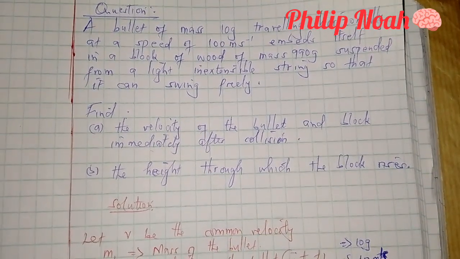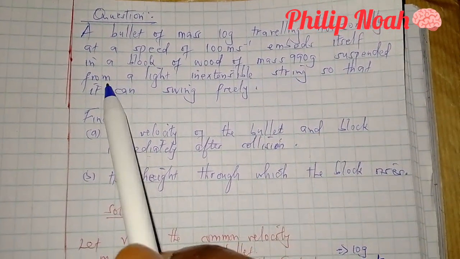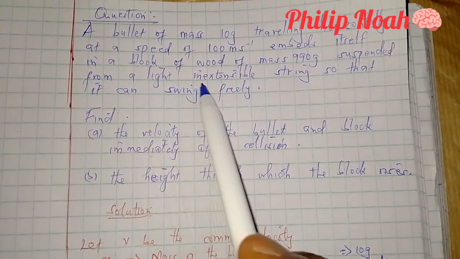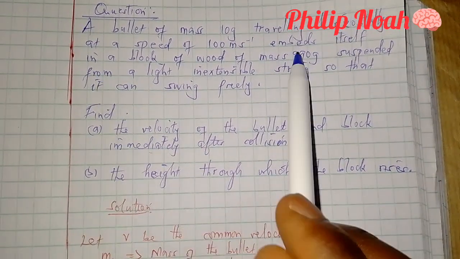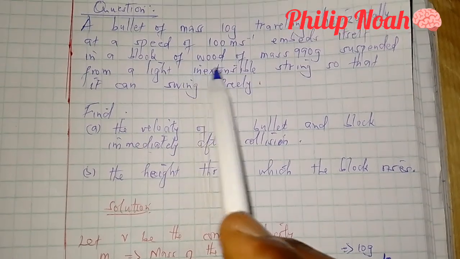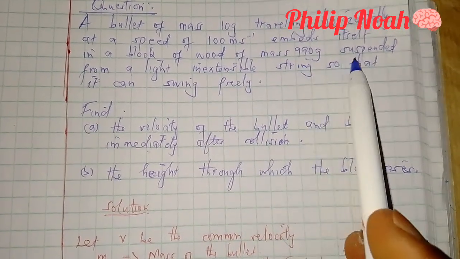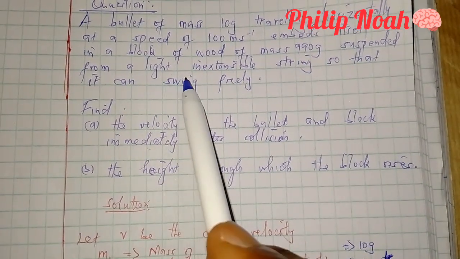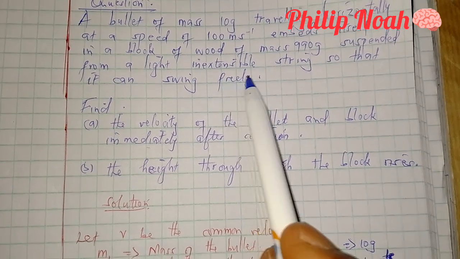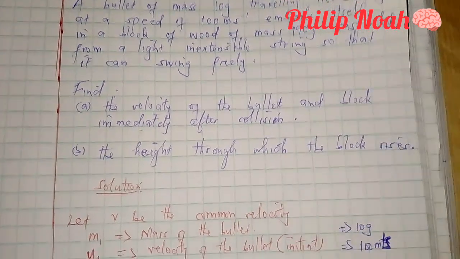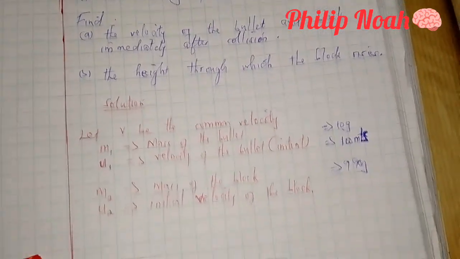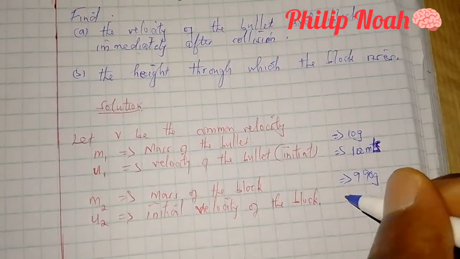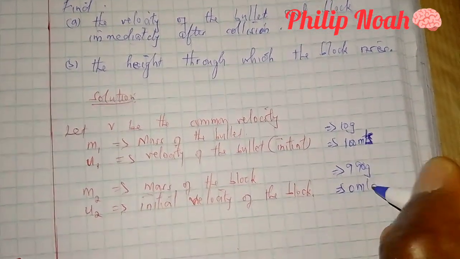The initial velocity of the block has not been given, but from the question the bullet embeds itself in a block of wood suspended from a light inextensible string. It is suspended, meaning that it is stationary. So the initial velocity of the block is 0 meters per second.